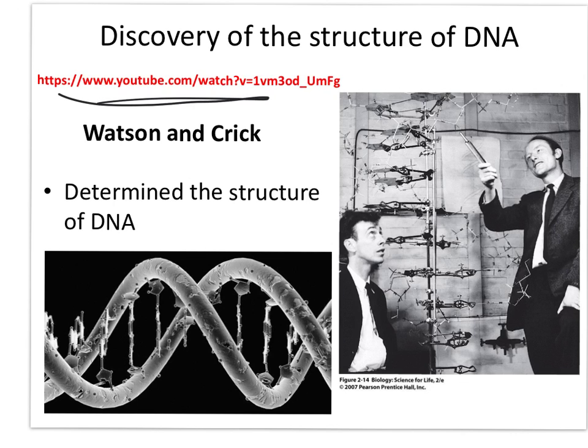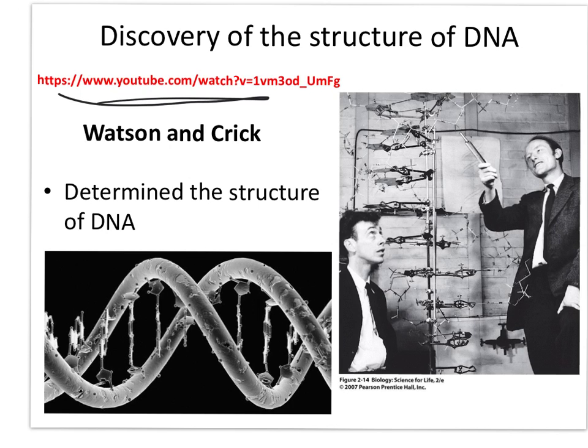There were a number of different people working on it at this time. These guys, their advisor was not interested. So they were doing all this on their own, while he wanted them to do something else. But he was a fool. Anyway, so they figured it out.